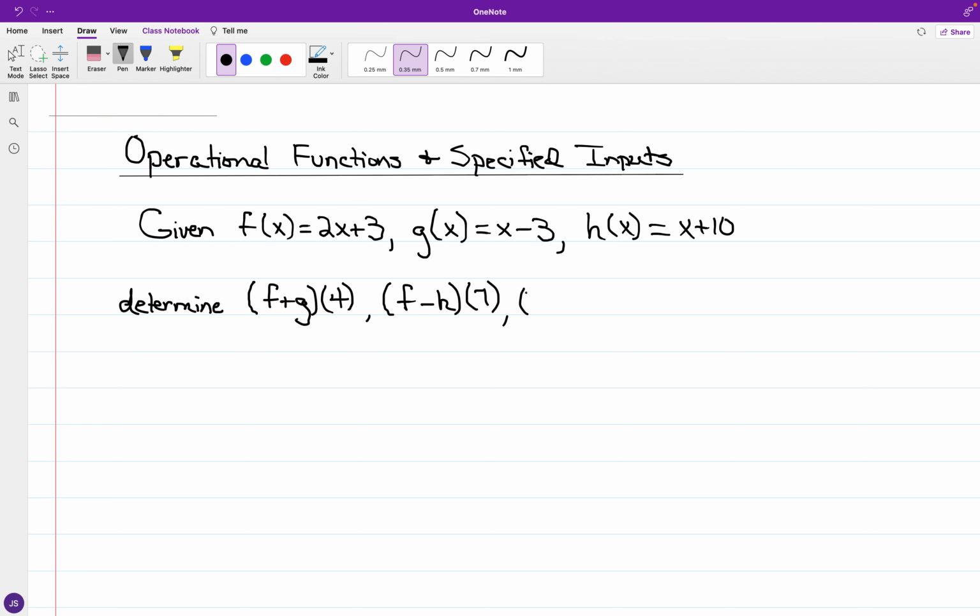And in the mix, we'll have the determination of g times h of 5. And in the case of a quotient function value, we'll see what we get for h over f of negative 2.